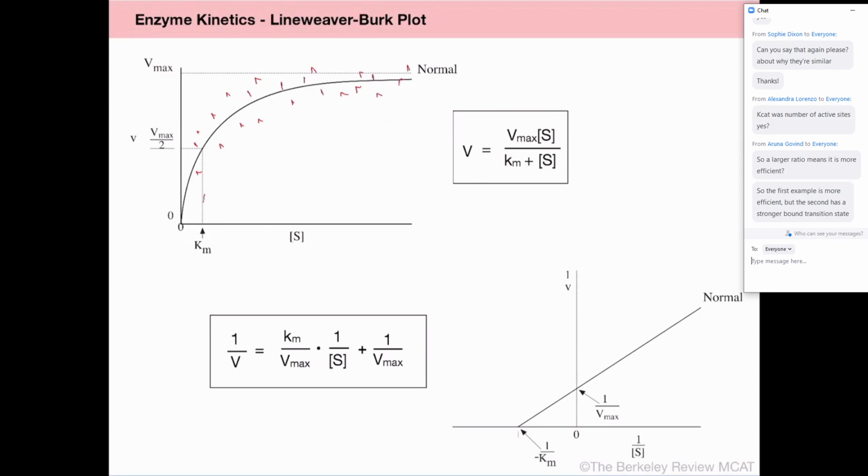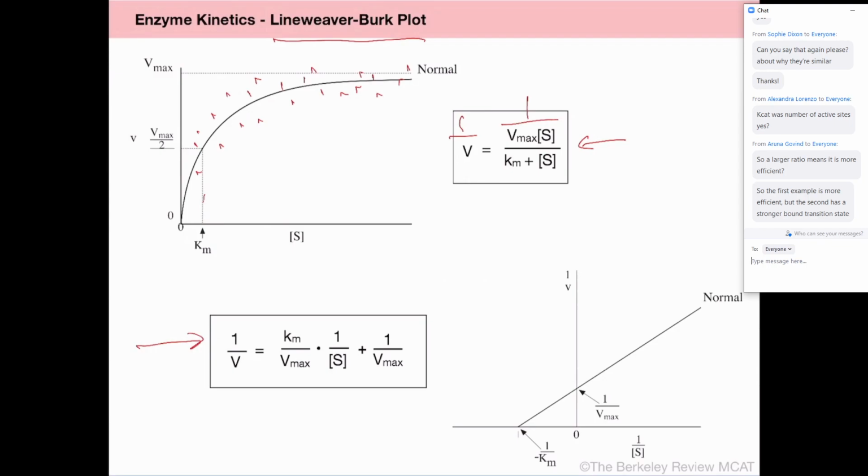Okay. And so what you do is these people called Lineweaver and Burk, this pair of people, they realized, okay, if we take the reciprocal of the Michaelis-Menten equation, right? Then you get this thing called the double reciprocal plot, or the Lineweaver-Burk plot, which is expressed down here. 1 over V equals Km over Vmax times 1 over substrate plus 1 over Vmax. Okay.